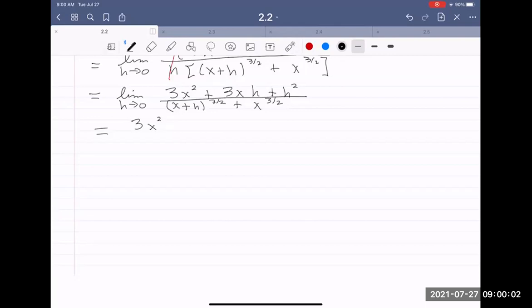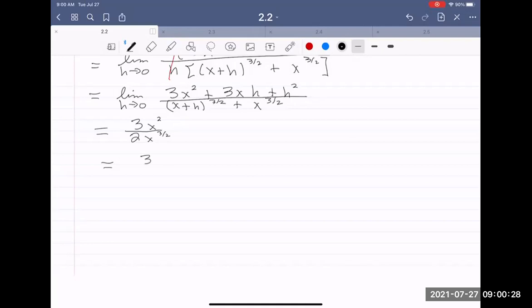And so this is 3x squared over, well, there's two of these, x to 3/2. So I have a common base of x. I'm dividing, so I subtract exponents. 2 minus 3/2 is 1/2.